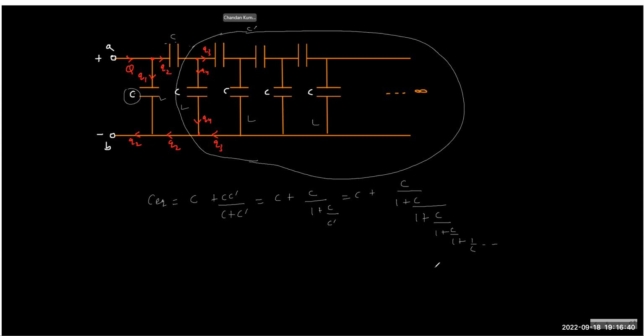So of course, this is the recursive circuit at the end, but how to solve this? We take the advantage of infinity, because infinity minus 1 is infinity. If I remove one of the branches from infinity, it will really not affect the answer.